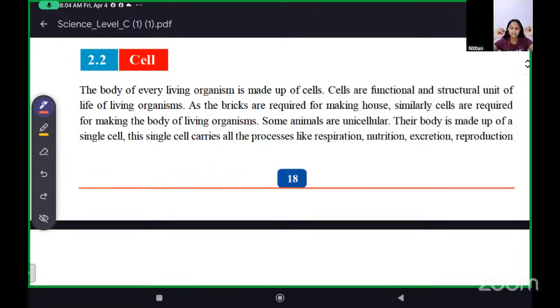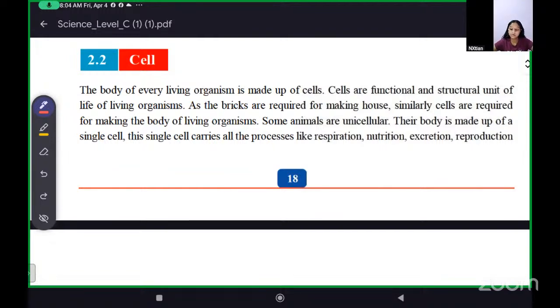Now, cells are the functional and structural unit of life of every organism. They are arranged in a structured manner, and they are functional in every human being. As bricks are required for making a house, similarly, cells are required for making the body of living organisms.